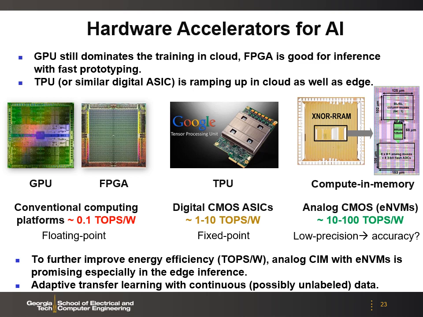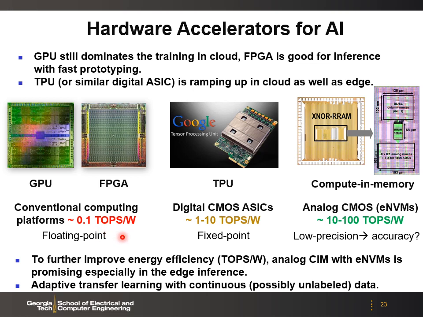If you look at the different computing platforms, the energy efficiency varies. Here the energy efficiency is using the metric tera operations per second per watt, or TOPS per watt. The conventional computing platforms like GPU are about 0.1 TOPS per watt, but they can support floating point computation.